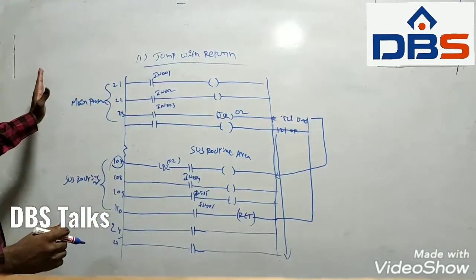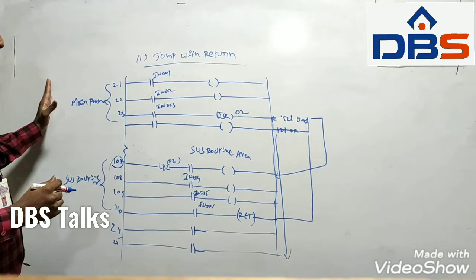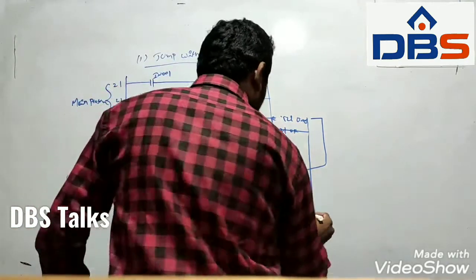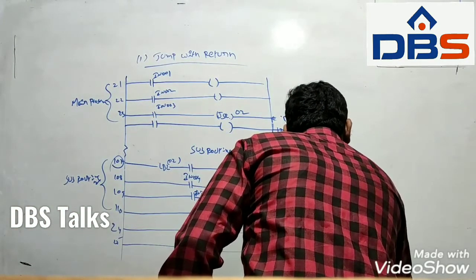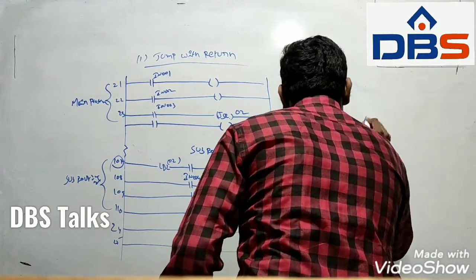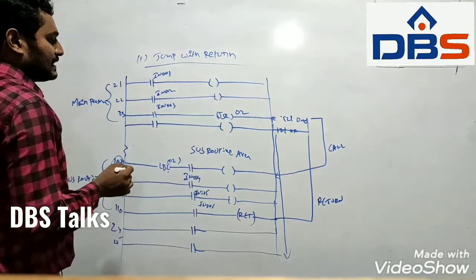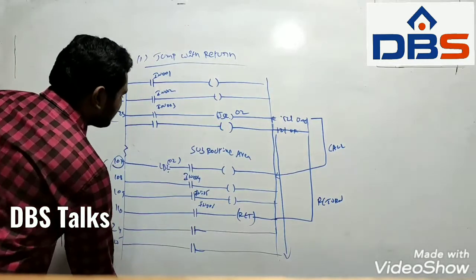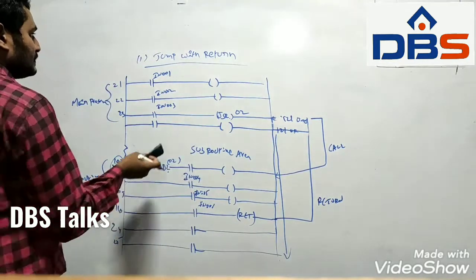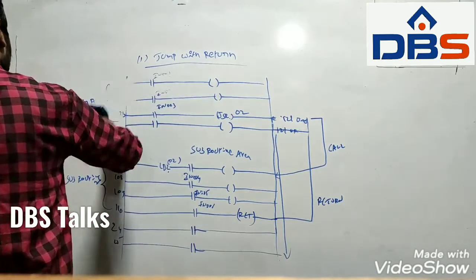This is one example to explain the jump with return function. Here I am writing one return operation and call operation. The label and JSR function contain the same address value, that is 002. So this is the jump with return function.